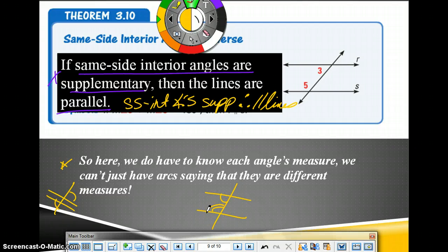Different doesn't mean supplementary. These could be 50 degrees and maybe 110. And if this is 50 and 110, then these lines are not parallel because 50 plus 110 does not equal 180. So on these, here we have to know each angle measure. That is a key. These simple marks aren't going to help us out very much.